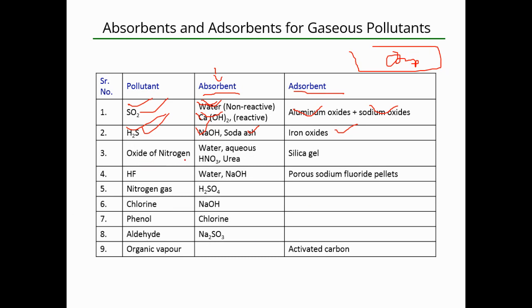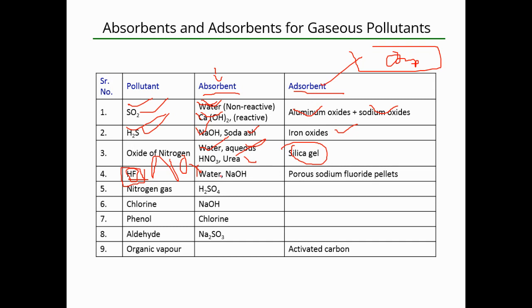Oxide of nitrogen means NOx. For NOx, water, aqueous HNO3, urea, these are the different absorbents used, and silica gel is used for the packed tower. Hydrogen fluoride, HF. This HF is the most reactive chemical among all acids, a very dangerous acid, and it can be present in gas form also.